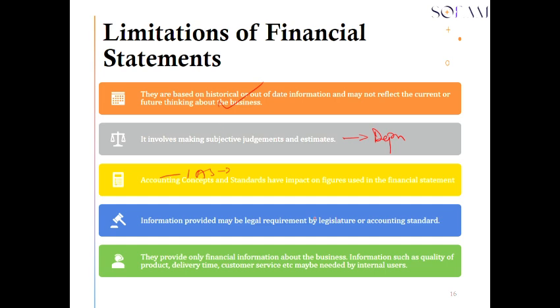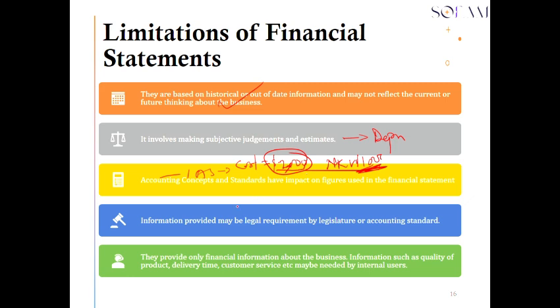What it means is that if the cost of the inventory is, let's say, $2,000, right, and the net realizable value is, let's say, $1,000, even though it cost $2,000 to the organization, the accounting standard is saying use this. So that's the downside, right? Even though there might be disclosure in the financial statement, some of the figures may not really show what they are supposed to be showing.